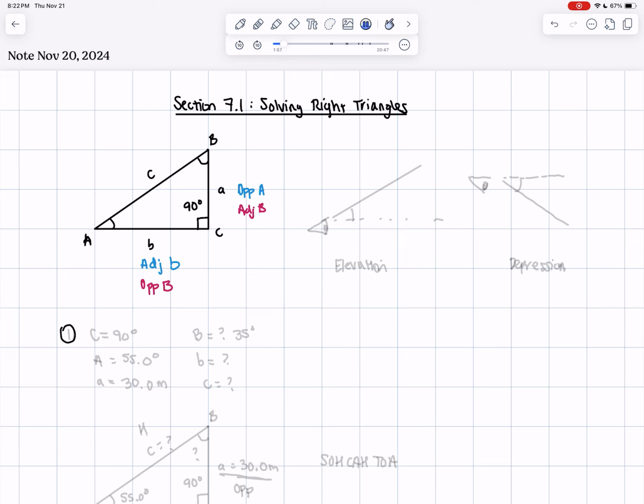And then another thing that's important is in this chapter we talked about two things: the angle of elevation and the angle of depression. So if we talk about the angle of elevation, picture, in our book, we have an eye, and the eye is going to be looking upwards. So the angle is going to be going like this.